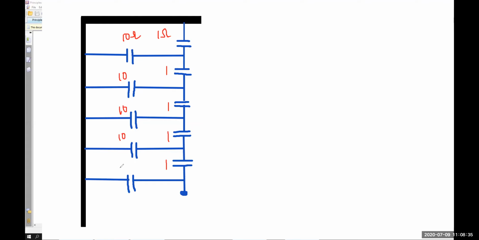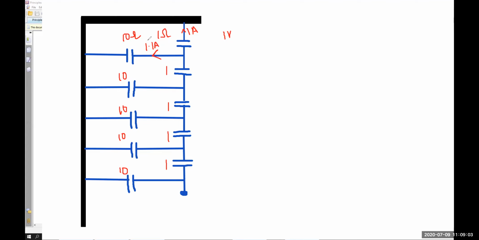Now let's say you have 1 ampere of current. So how much volt will you have here? 1 volt, right? How much volt here? 1 volt, same voltage. Now how much current will you have here?